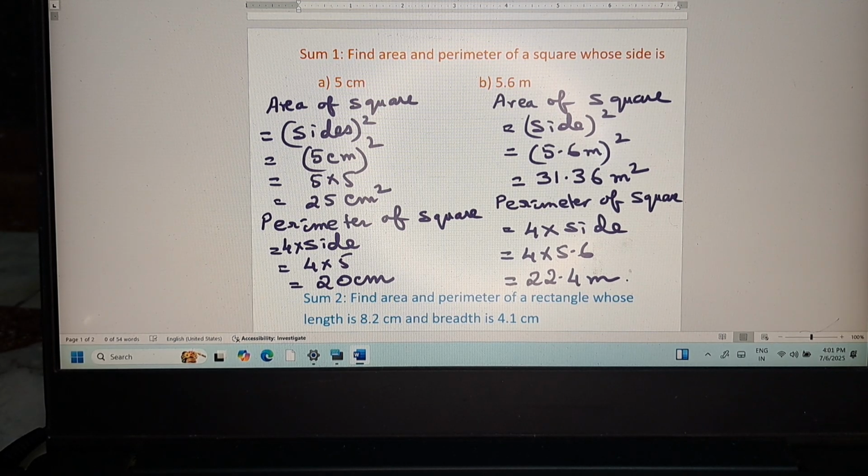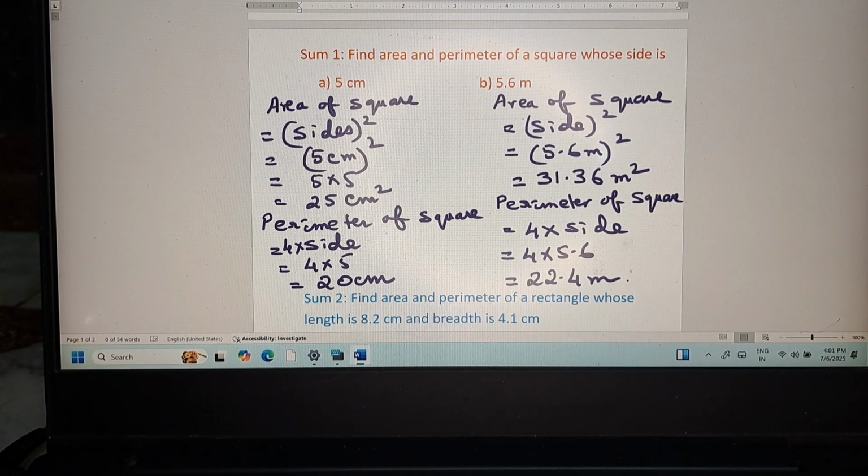So while doing this chapter, area and perimeter, we must know the metric measurement, which is very important and applicable in this particular topic.